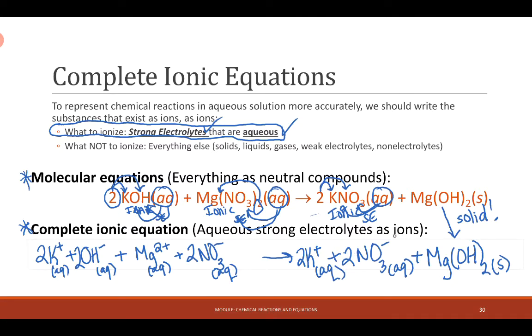And so now we have finished writing our complete ionic equation. You can see here that this equation is still balanced. On both sides I still have 2 potassiums, 2 hydroxides, 1 magnesium and 2 nitrates. This is just another format for writing an equation for an ionic compound in solution that more accurately represents what's actually in solution.